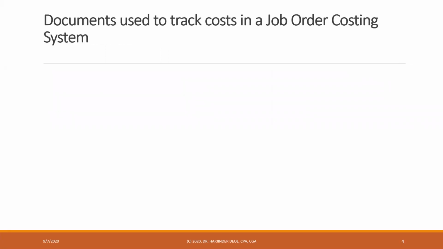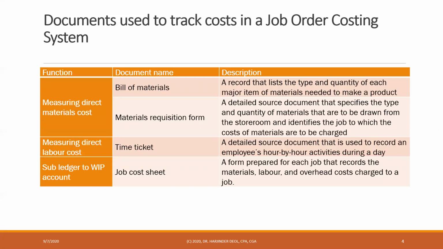So here's a look at some documents that are used to track costs in a job order costing system. The first document is a bill of materials, which is essentially a record that lists the type and quantity of each major item of materials that's needed to make a product.